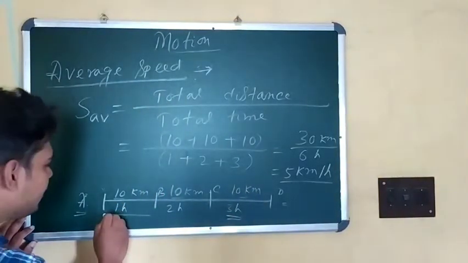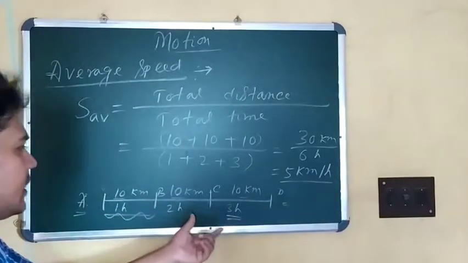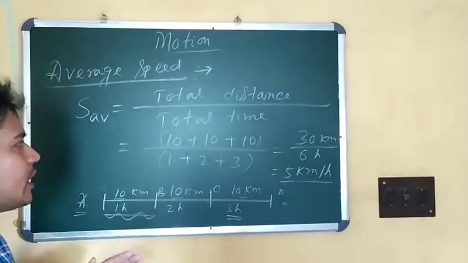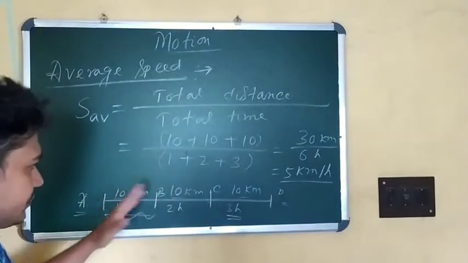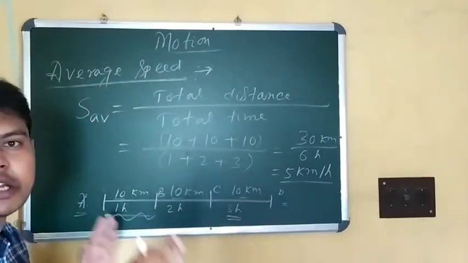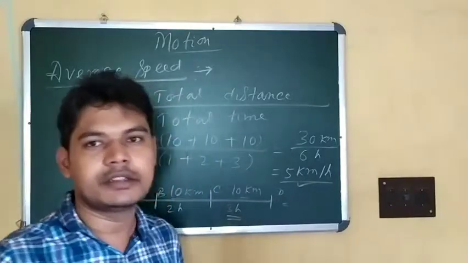So individually you can see that between A and B, B and C, and C and D, those 3 are different. But when we find out the average speed, then you have to add all these 3 distances and divide by all these 3 time durations. Then you find out that is the average speed. Okay.